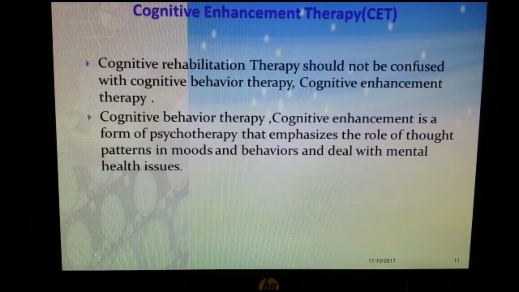So basically, cognitive behavioral and cognitive enhancement therapy mostly deal with patients with mental health issues or mental illness, and use more behavioral and neuropsychological principles and approaches. So this is the primary difference between these terms.